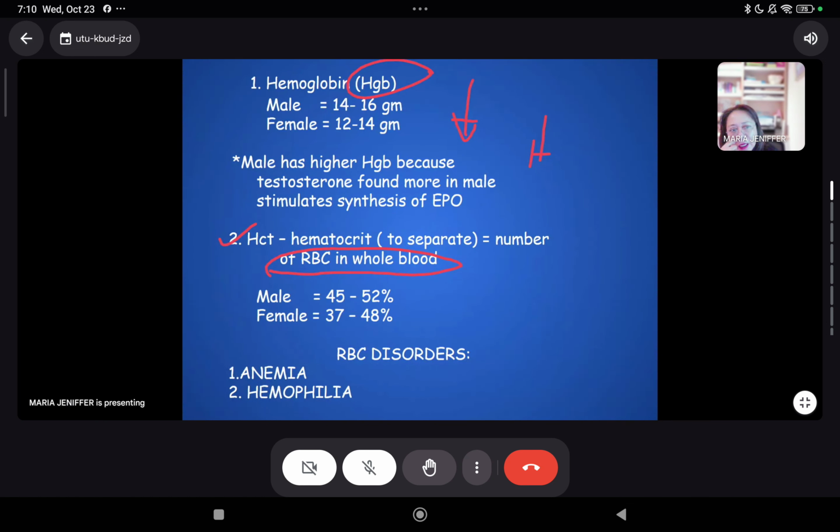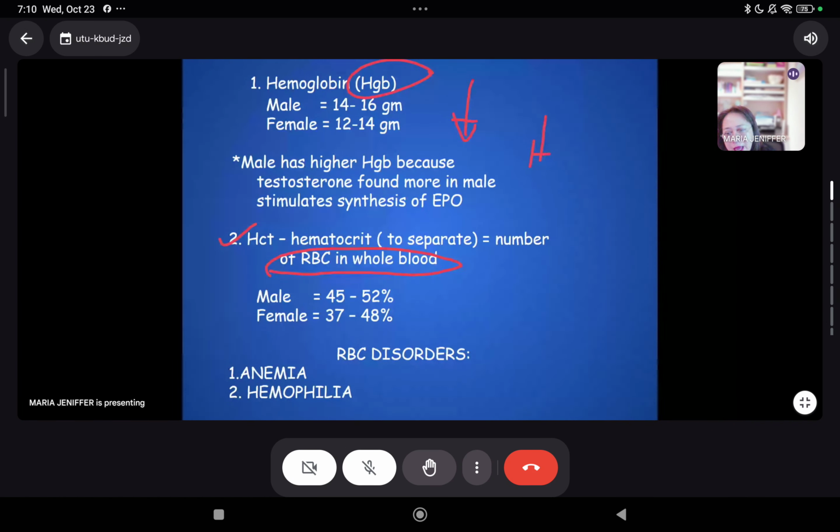So in anemia, especially in females, only a little percent is reduced. Especially with excessive bleeding in women, of course there will be blood loss, but it could be compensated by the physiologic response of the body.